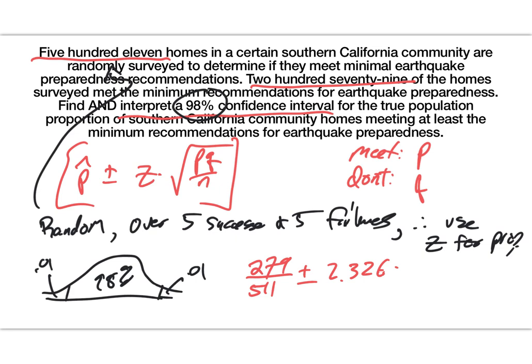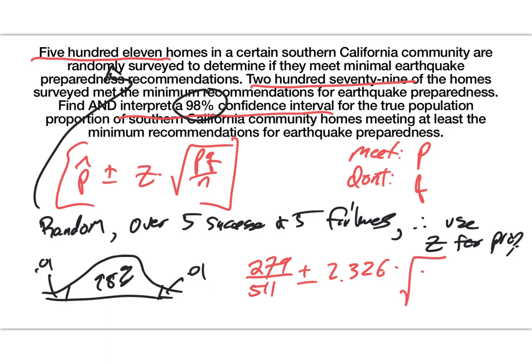Times, and here's the tricky part in confidence intervals with proportions. People often think, well, I will just use P hat, and that would not be accurate. If I have no idea about what P and Q are, I take the most conservative, aka the least telling response, which is 50-50. If I really have no idea, then worst case, it's 50-50.